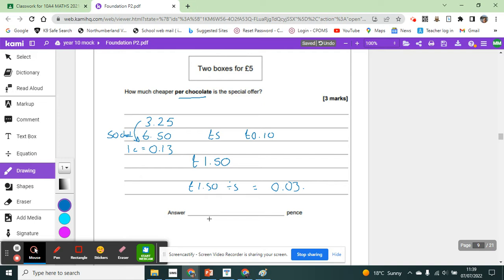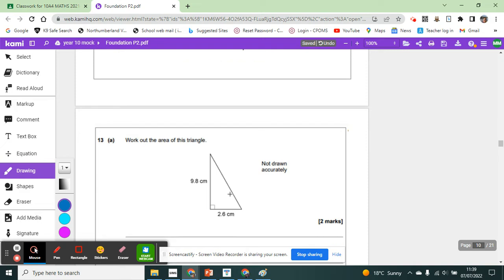So either you can work out what the difference is in the price and divide that by 50, and you get 3p, or you can work out the other way and just make sure. So the price of one chocolate would be 13p. £5 or 500 divided by 50 gets you 10p, and that's a difference of 3p. So you can see that I've got the right answer of 3p per chocolate being cheaper.